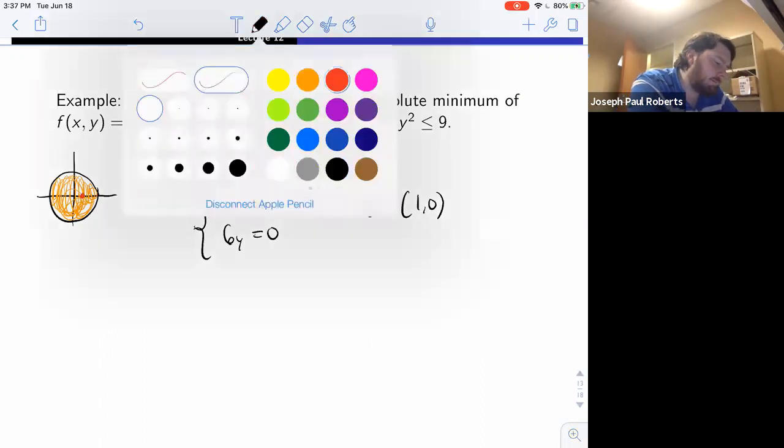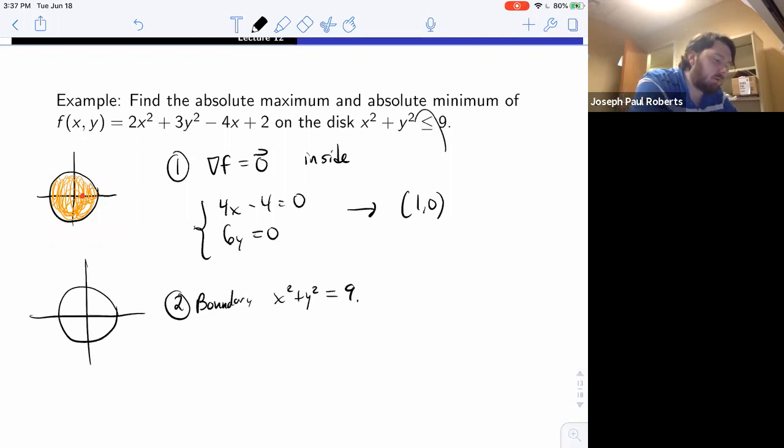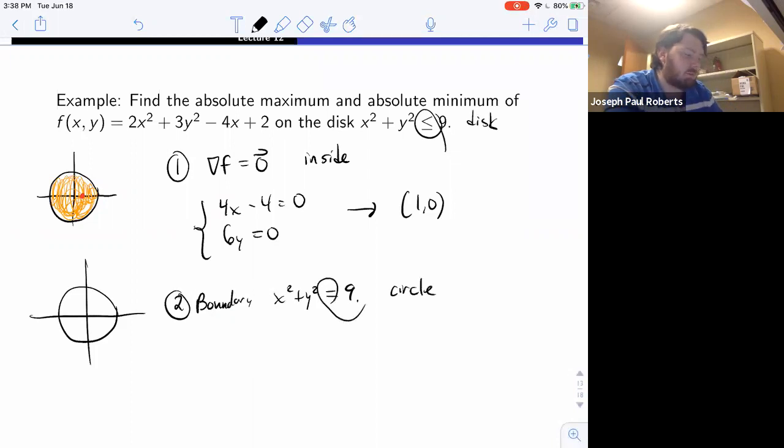Okay, and so the next step is the boundary, x squared plus y squared equals 9. So again, when we have this inequality, this is a disk, and when it's an equals, it's a circle. So we've taken the boundary of the disk and we get a circle.